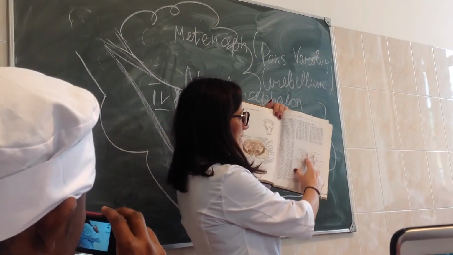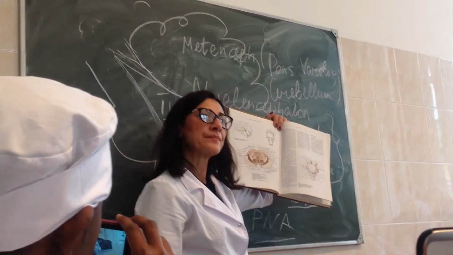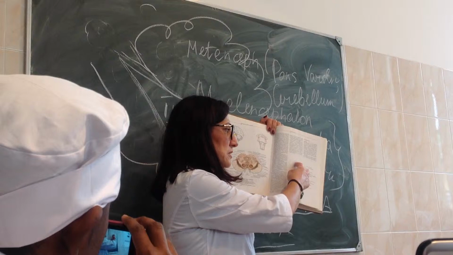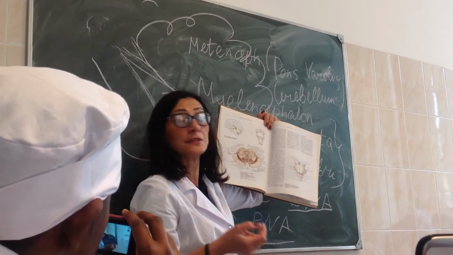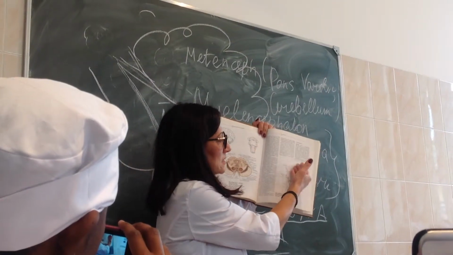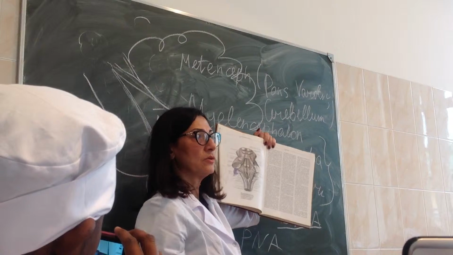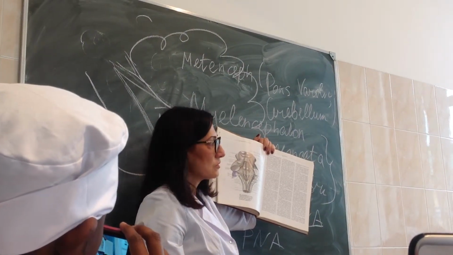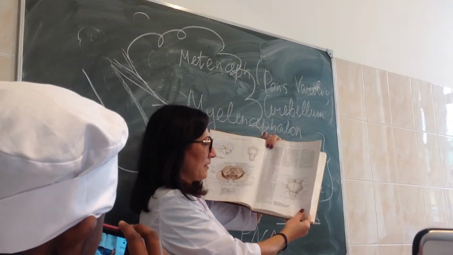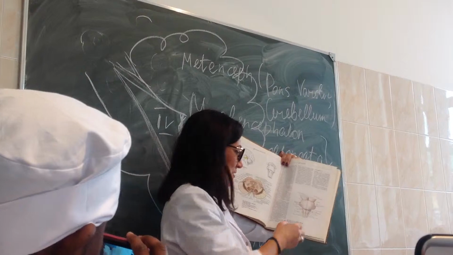In this sulcus basilaris, in the center of the pons, lies the arteria basilaris, which gives the posterior cerebral artery participating in the Willis arterial circle. This is the ventral, prominent part, and this is the dorsal part of the pons. It has a simple external structure, but a more complicated, difficult internal structure.